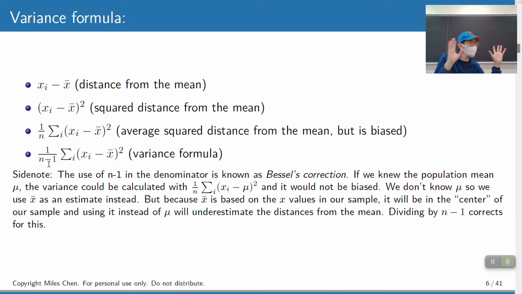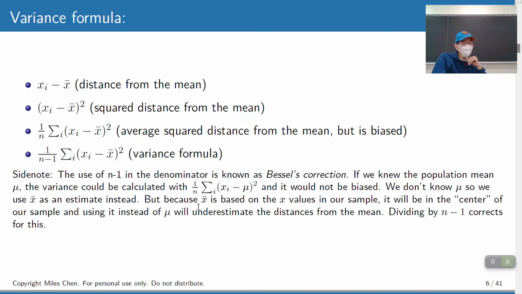But just a broad concept: if you knew the population mean mu, we would estimate the distance from the mean using xi minus mu. And if we square that and add them up and divide by n, that value would not be biased, okay? But the issue is we don't know what mu is, so we use our sample mean x bar instead.